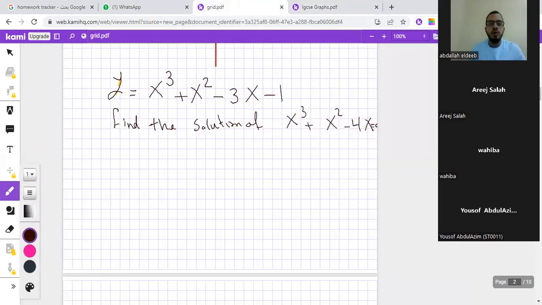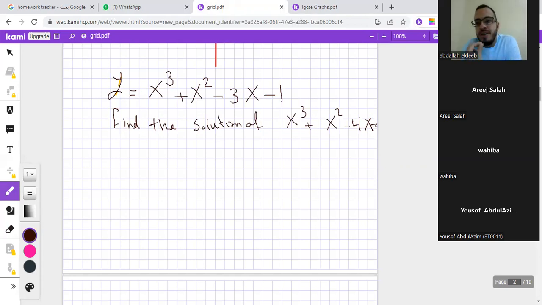Now, Yashruq, can you tell me what is the difference between this equation and this one? The upper one has minus 3x and the lower one has minus 4x. The upper one has minus 1, and the lower one doesn't have. Yes.